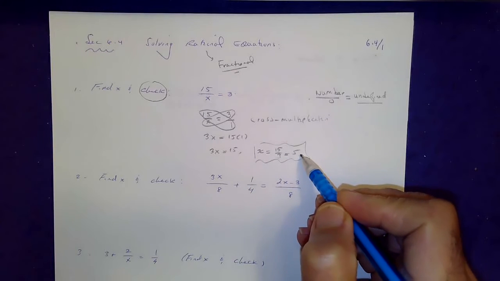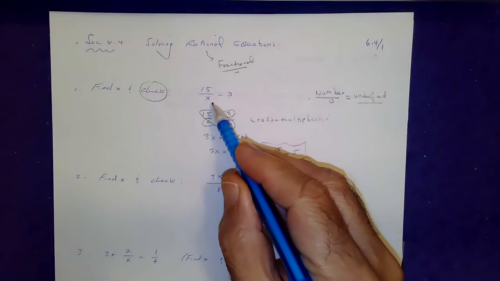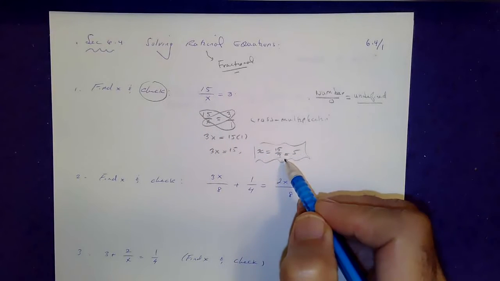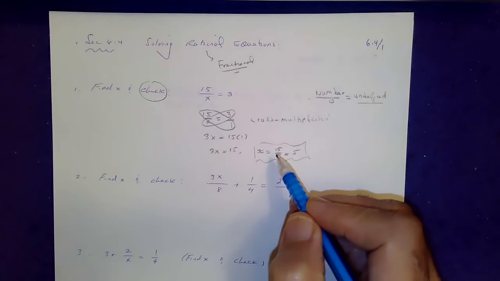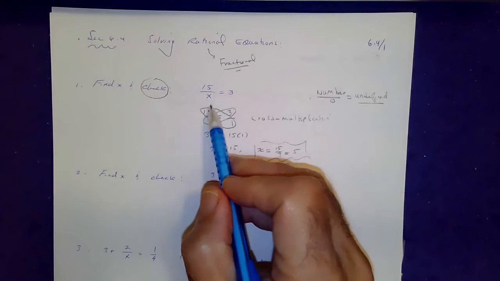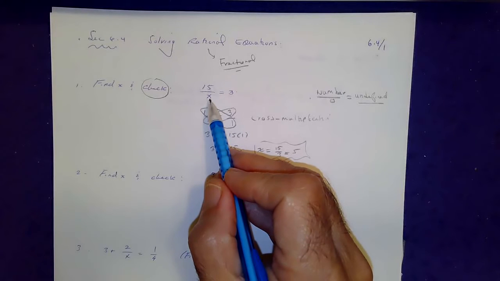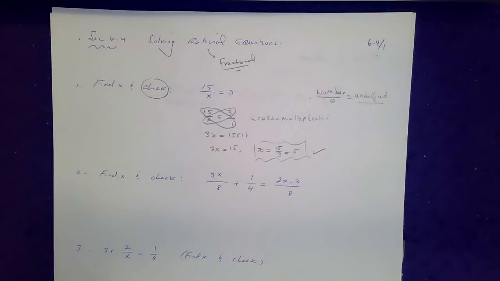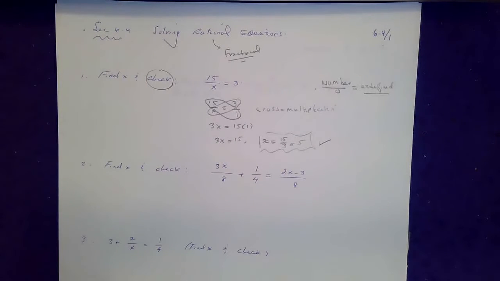So if you find a solution which makes the denominator of your equation equal to 0, you should discard that, correct? That will not be counted as your solution. So in this case, 5 doesn't make the denominator 0, so it's okay to keep it as the final answer.